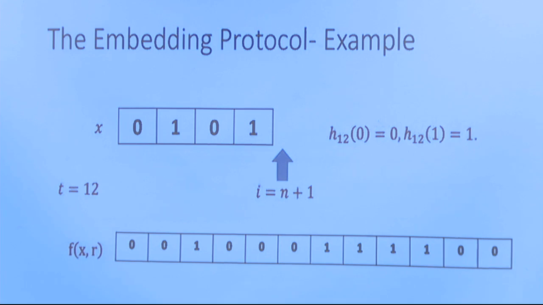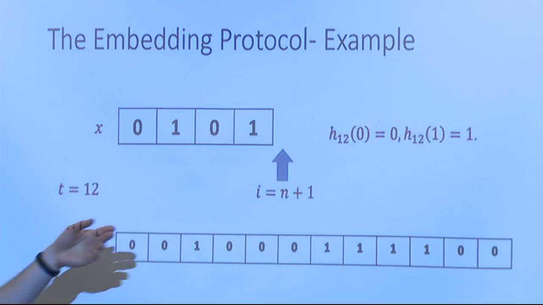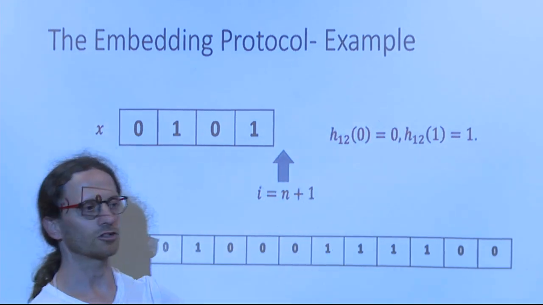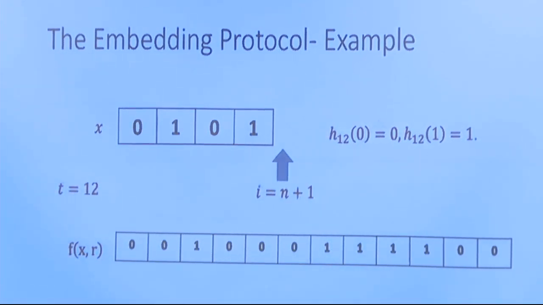Any question about the embedding? Yes. Is R the same as H? Think of R as representing the random functions. R is the same for all strings, so for every R you get an embedding.